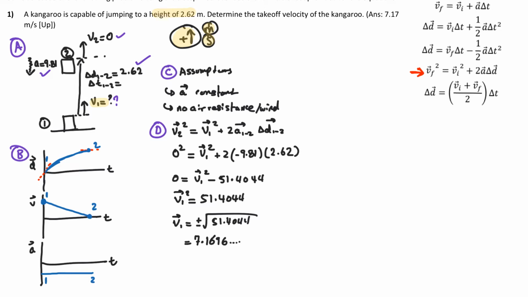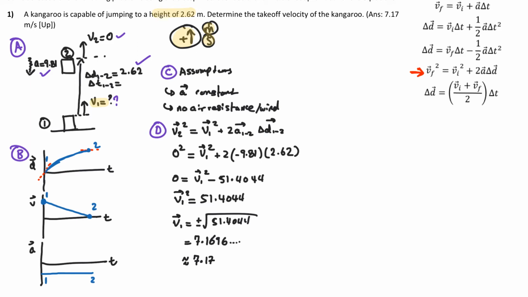But basically, based on my question, I have 3 significant figures for my change in position, and I have 3 significant figures for my acceleration based on 9.81. And our final velocity is 0. We're assuming that has infinite number of significant figures because it stops. And my final answer is only good to 3 significant figures then, so I will round it to 7.17.